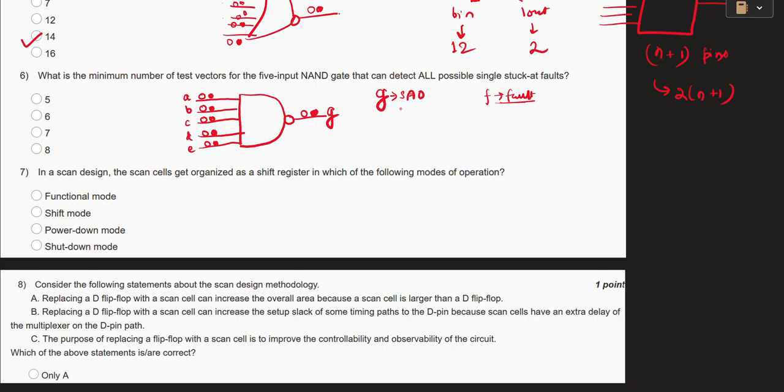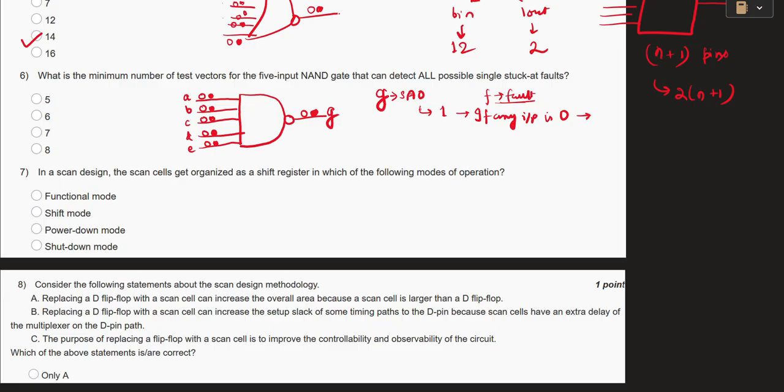Now if this output pin G is stuck at 0, to get a different output from when the fault is not present, I need to drive 1 here, right? To drive 1 here, if any input is 0, I will be able to drive 1 in my output, and in this way my stuck-at-0 fault can be detected.